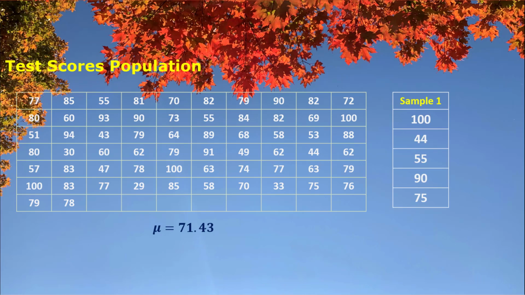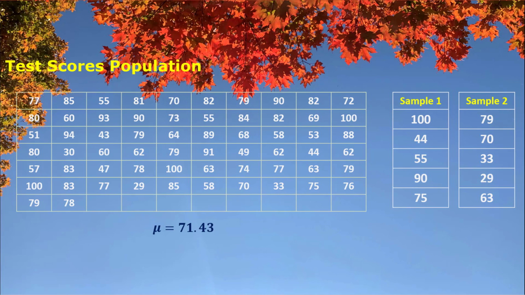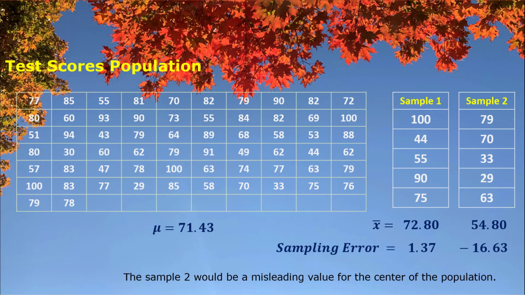Let's try again. Now we pick another simple random sample with 5 scores. We have a different sample mean. Then our sampling error shows here as negative 16.63. If we use the sample mean from the second sample to represent the population mean, it seems really bad this time.